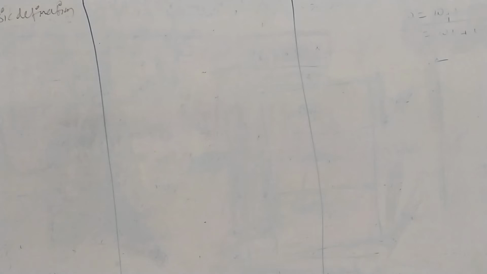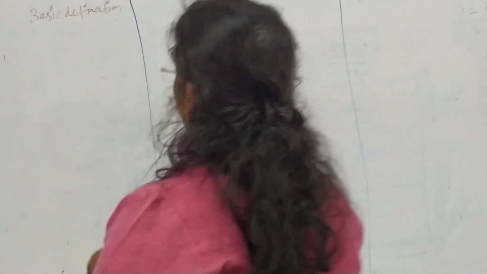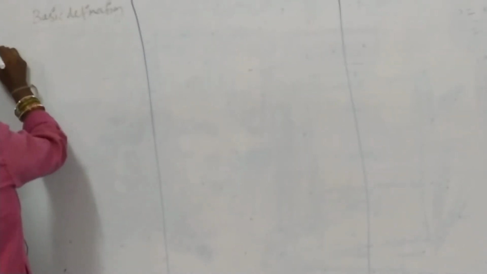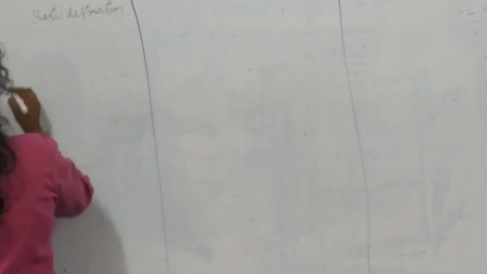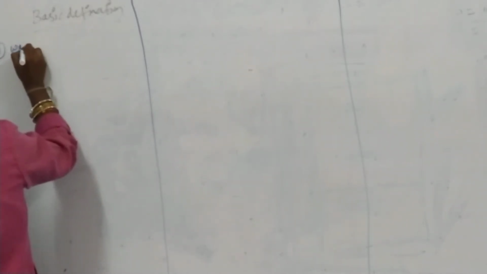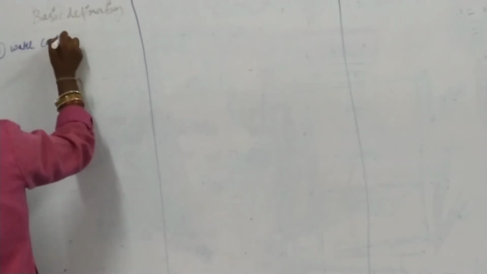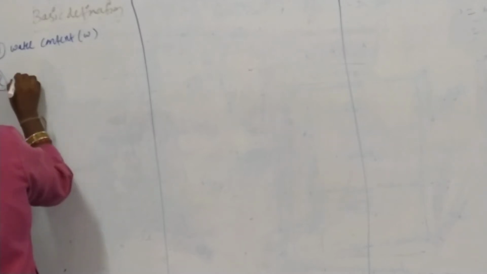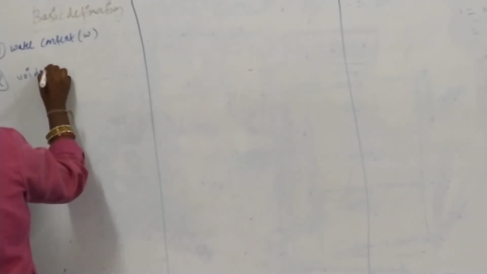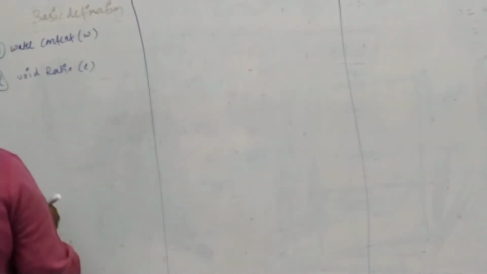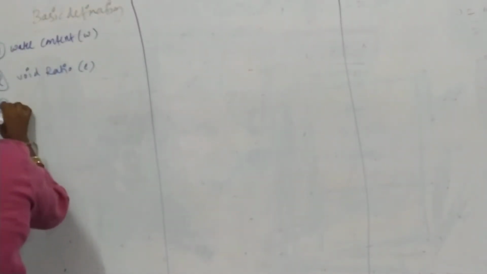Next one is the basic definitions. Here you have 11 basic definitions. First one is your water content. Second one, void ratio. Third one, porosity.